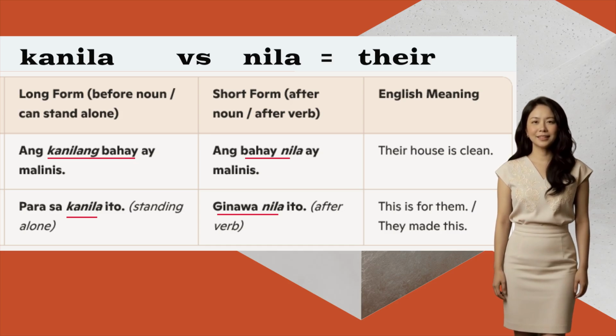So again, even though kanila and nila both mean their, the English doesn't allow their to stand alone or follow a verb. So we translate them as them or they, depending on the sentence. The meaning stays the same, only the English translation changes so it sounds natural.